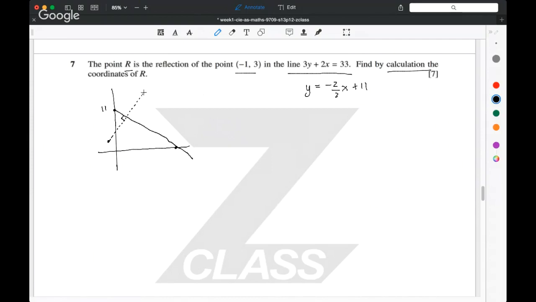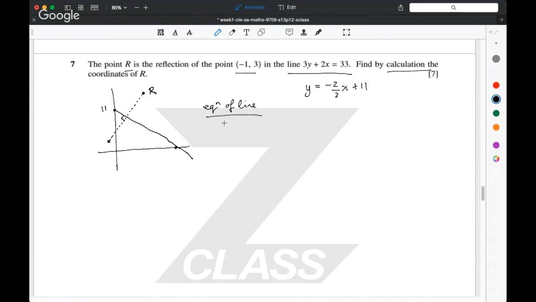And there is some reflection of it through a line perpendicular to the other line, and that's R. So we want, firstly, the equation of this line.